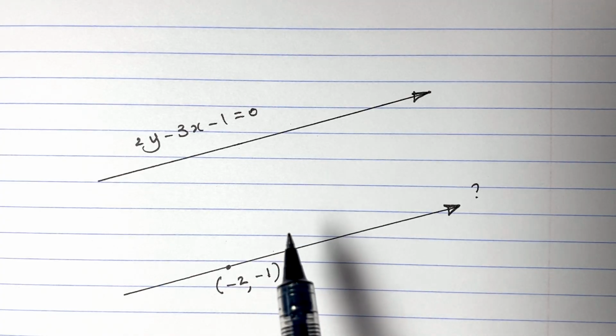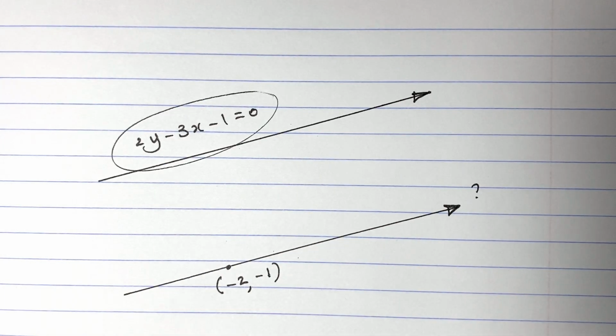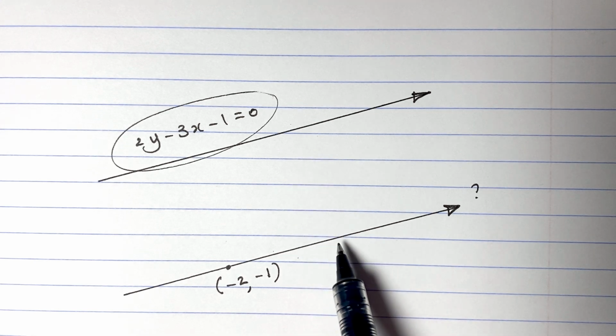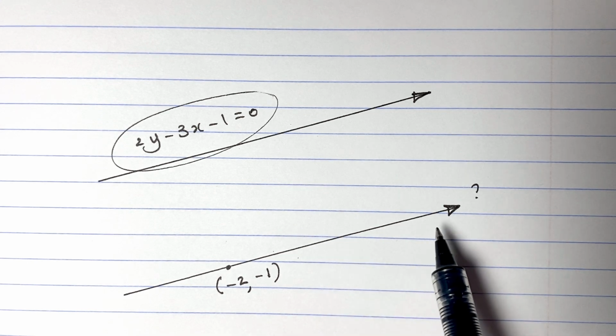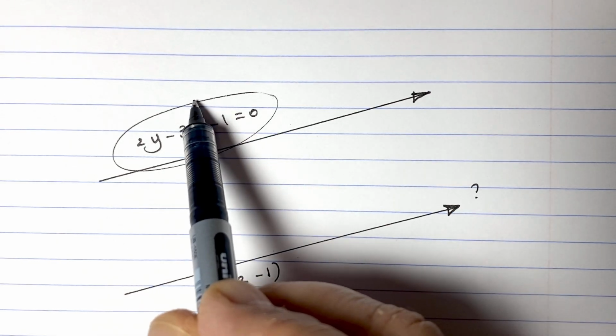So first thing is to find the m of this line, because I need to equate the m of this line with the m of the other line because they are parallel. The condition for two lines to be parallel is that the gradient is the same. So what is the gradient of this line?